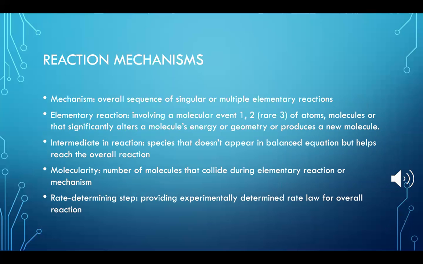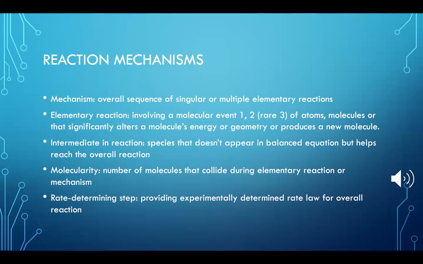A mechanism is an overall sequence of singular or multiple elementary reactions. An elementary reaction involves a molecular event of 1, 2, sometimes 3 atoms, molecules, or ions that significantly alters a molecule's energy or geometry, or produces a new molecule.